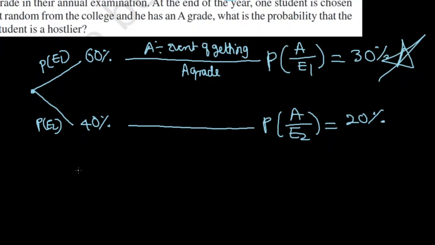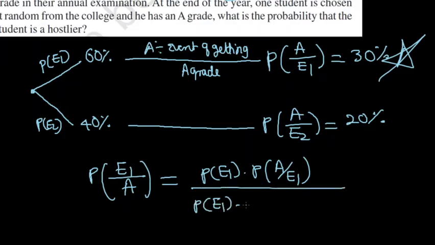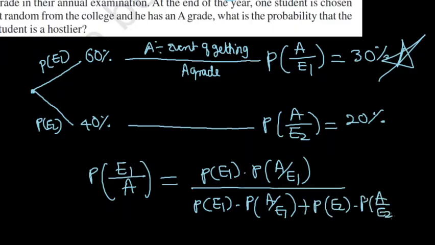According to the Bayes theorem, P of E1 by A equals P of E1 into P of A by E1 divided by P of E1 into P of A by E1 plus P of E2 into P of A by E2.